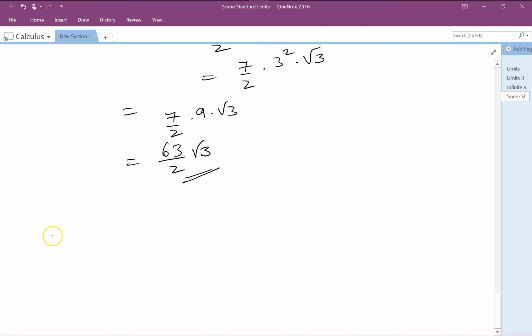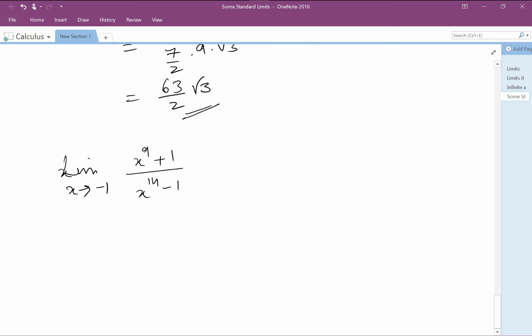Now let's take the next one. Limit as x approaches minus 1, x to the power of 9 plus 1 by x to the power of 14 minus 1. Now what do we do? Just remember the pattern. So limit as x approaches minus 1, x to the power of 9 minus 1 becomes plus 1 to the power of 9.